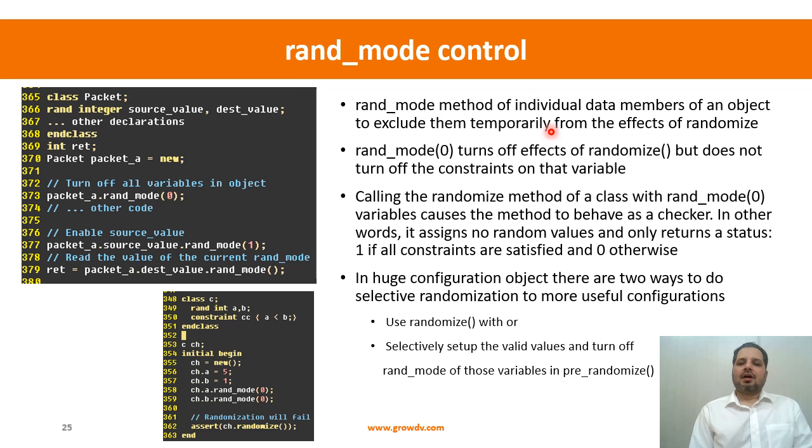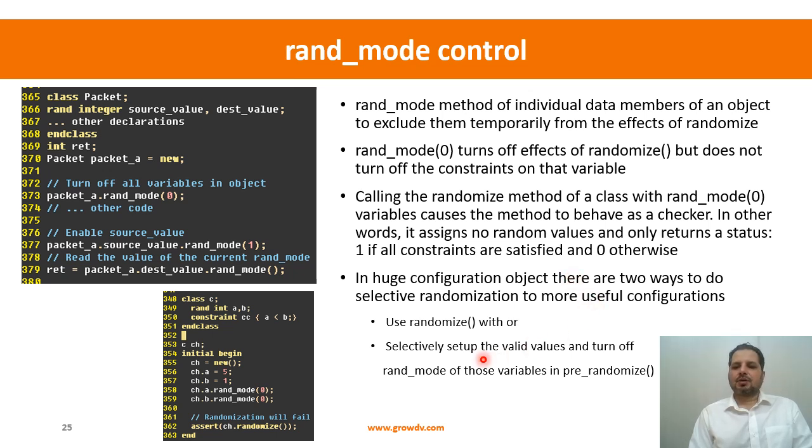The second question that will come to our mind is what is a use case. Why do we need to really turn off the rand_mode? You can have very huge configuration objects, and you want to do selective randomization.